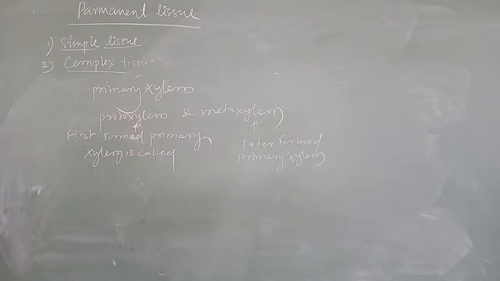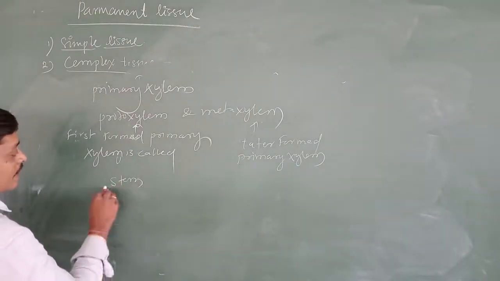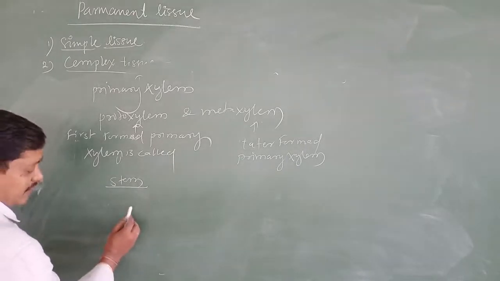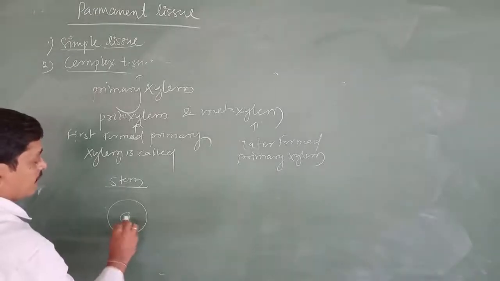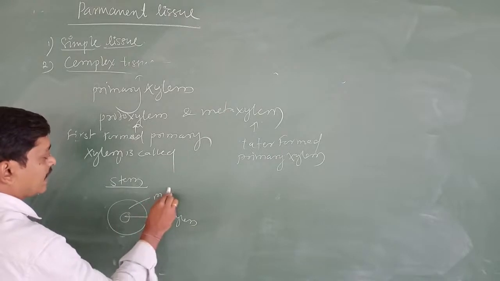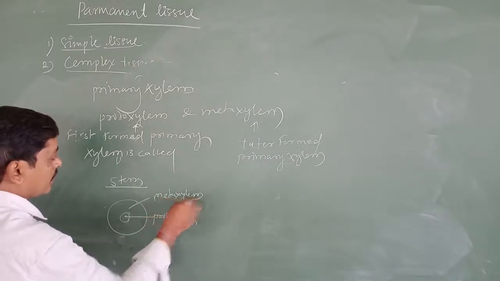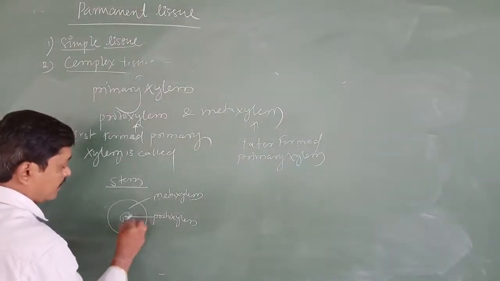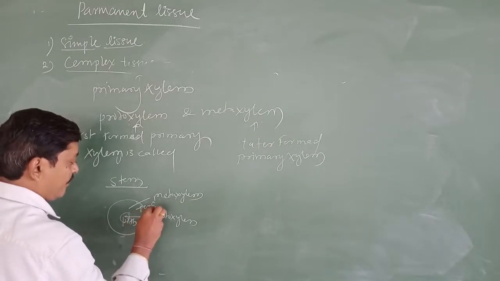In stem, protoxylem lies towards the center. I am going to draw a stem here. If we take a section of stem, protoxylem is at the center, towards the pith, and metaxylem is at the periphery.